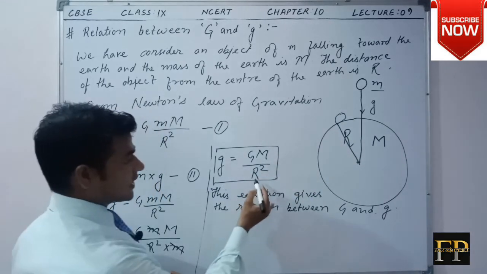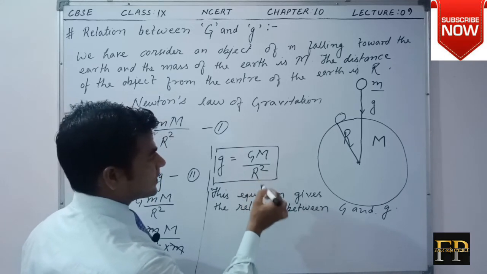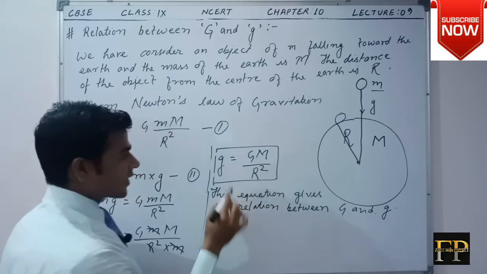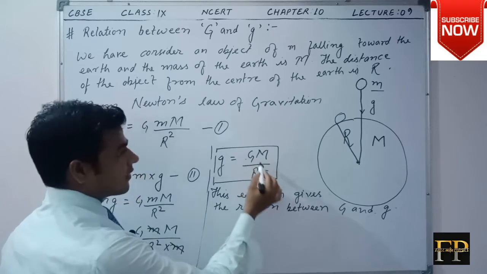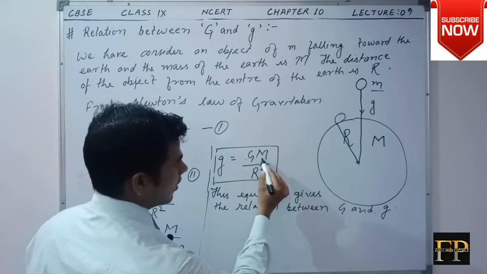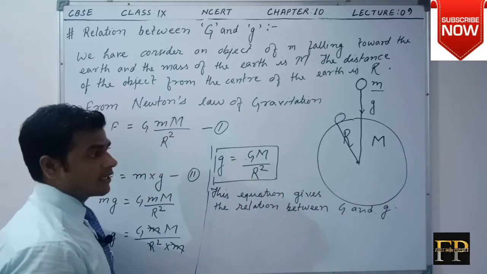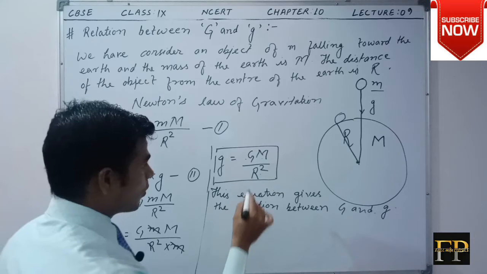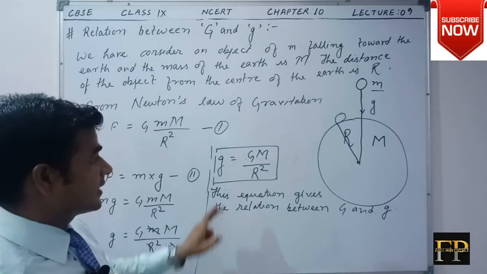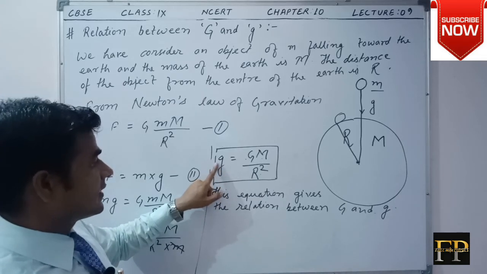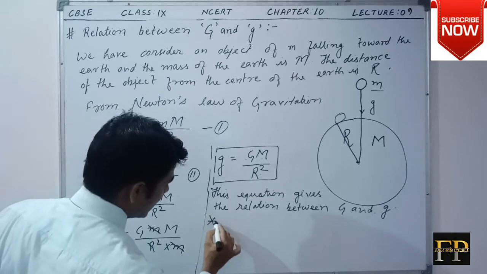So assuming this distance as the radius of the earth, we can substitute the values. Students, we know the value of the universal gravitational constant, the mass of the earth, and the radius of the earth. So by putting all these values, we can calculate the value of acceleration due to gravity.